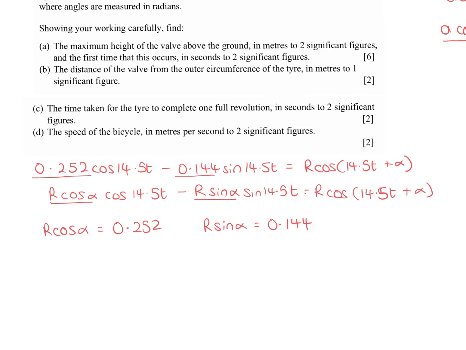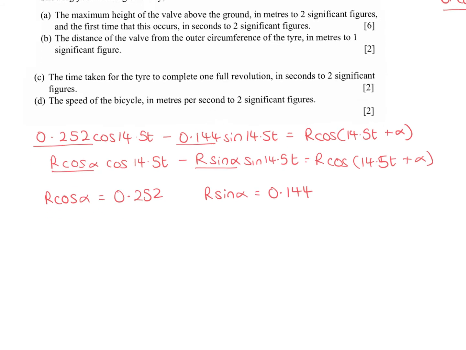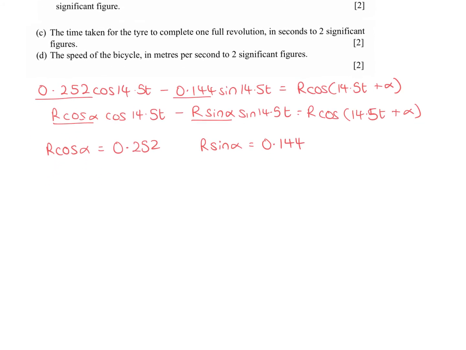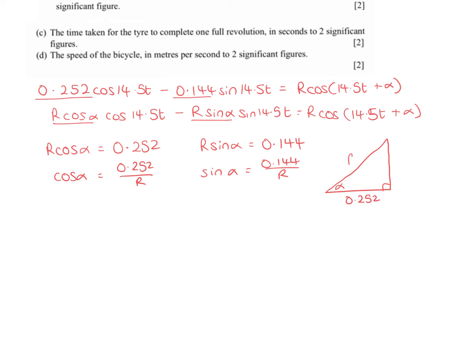And then there are a few ways of thinking about this. It's entirely up to you. I sometimes think of this as cos alpha equals 0.252 over R, and sine alpha equals 0.144 over R. If I imagine a little right-angled triangle with angle alpha, cos is adjacent over hypotenuse and sine is opposite over hypotenuse.